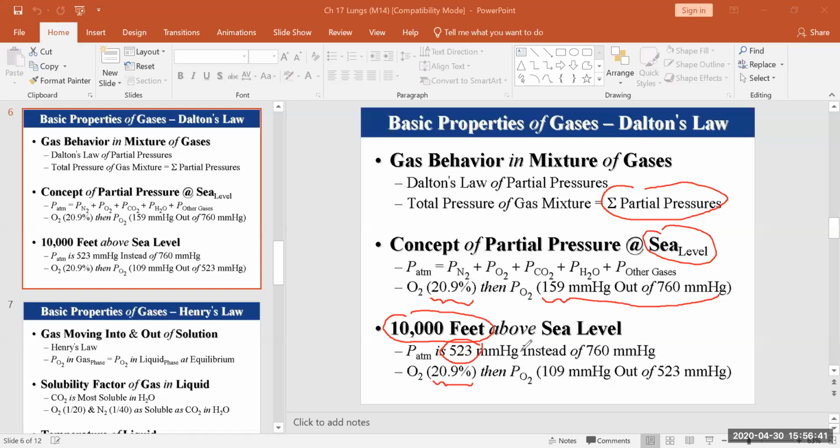So the oxygen also will drop. Although the percentage stays the same, the absolute amount of oxygen will drop. You see here, it drops from 159 all the way down to 109. So the higher you go in terms of altitude, the lower the oxygen content in that air that you breathe in.